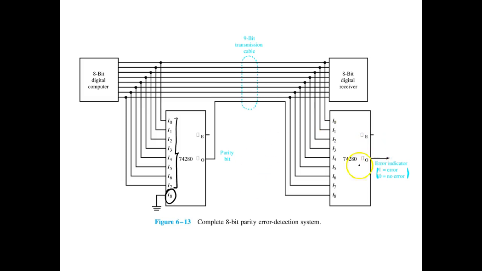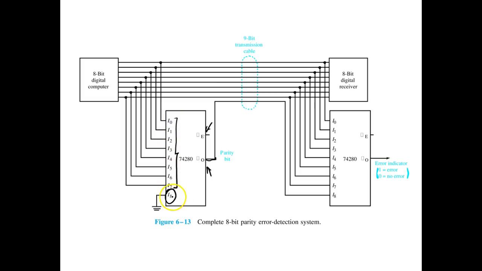And then we send that over, and if we want to use even parity, we just use the pin that's designated for even. So if I was going to use even parity, then I would send this over on bit A. If I was generating odd parity, they just send this over on pin A.